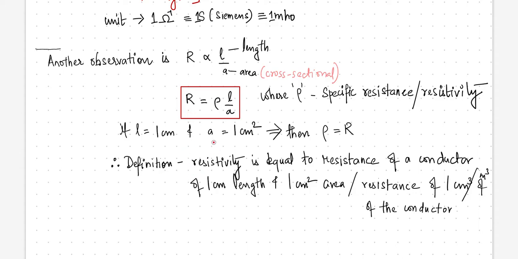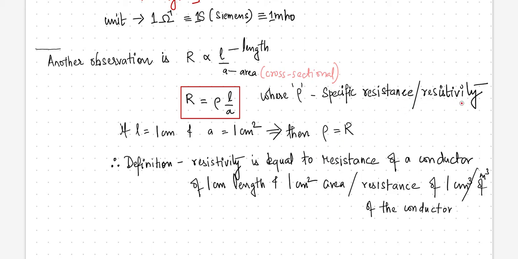So we can define resistivity or specific resistance as the resistance of a conductor of 1 centimeter length and 1 centimeter square area. Or in terms of volume, the resistance of 1 centimeter cube, or meter cube if it's SI unit.